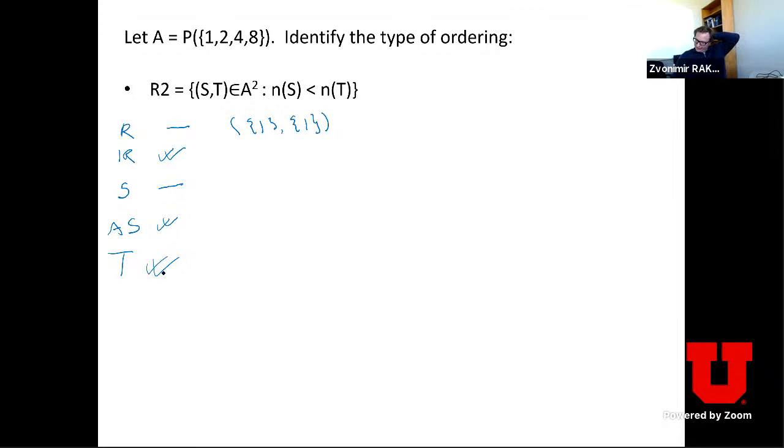And is it a total order? So are all elements comparable? Let's say comp. So for every pair of distinct elements, either AB is in R or BA is in R. So that is not true, because if their sizes are the same, then neither AB nor BA belongs.